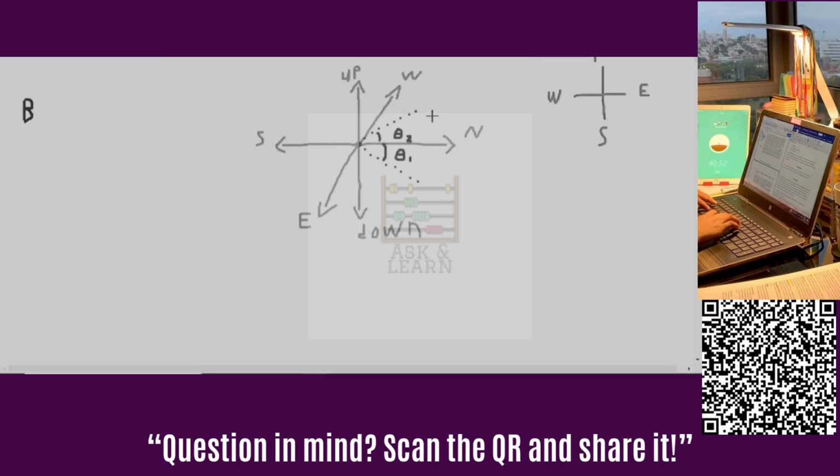So we have the magnetic field of the Earth, we have the velocity the bullet is fired at, we have the force on the bullet, and we need to find out what our overall angle is. I'm going to call it theta t for the total angle.